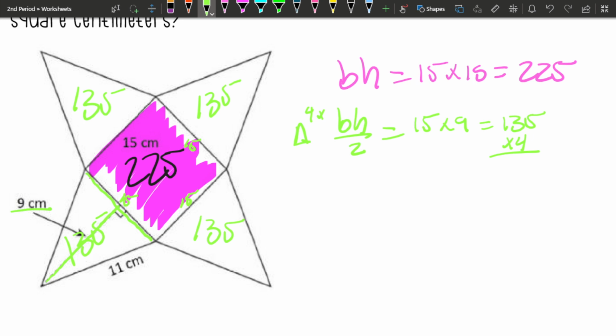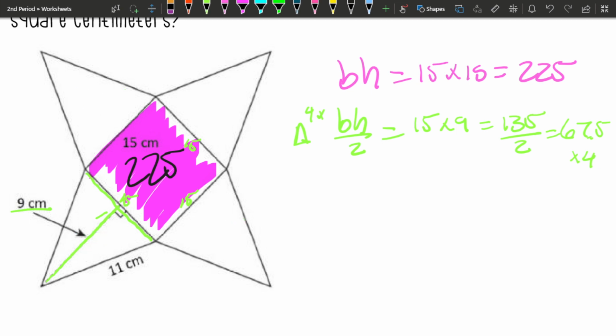Dividing by 2. So this is 67.5. Now I can multiply times 4. So this is not 135, it's actually 67.5. Very good.